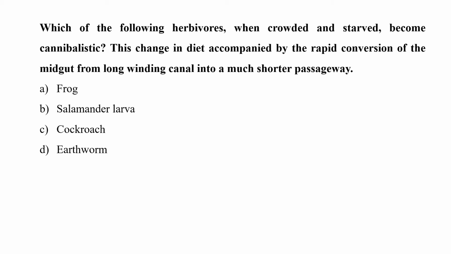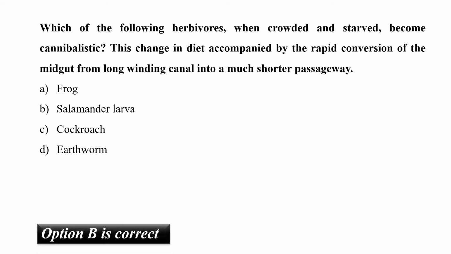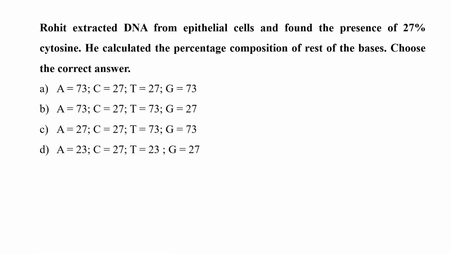Now, when in an overcrowded space, some tiger salamander larvae morph larger. They have a flatter head. They have teeth that are 3 times bigger than their siblings. And all the body features are perfect for eating up any other larva that tickles their taste buds. So option B, the salamander larva, is the correct answer to this question.